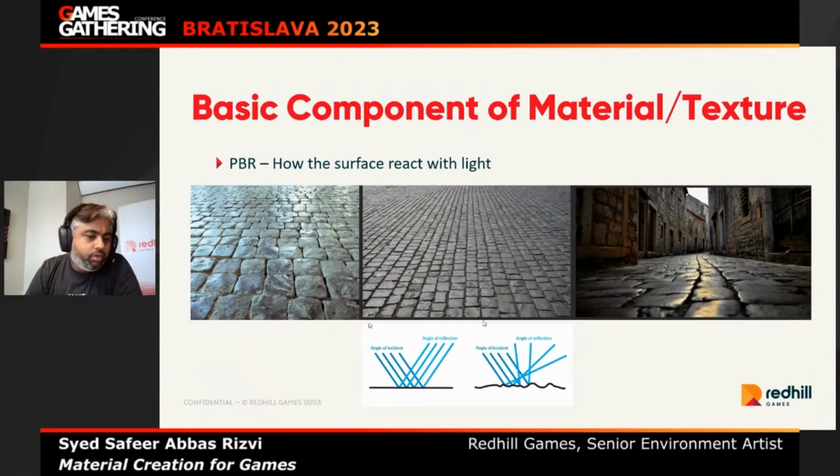If you look at the first reference here, you can see the surfaces which are quite flat look quite shiny in this cobblestone image. But the surfaces which have a lot of noise and undulation don't look very shiny, and look quite rough, although the roughness map is quite similar.